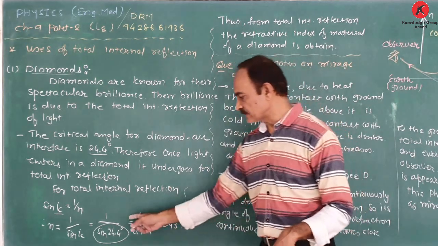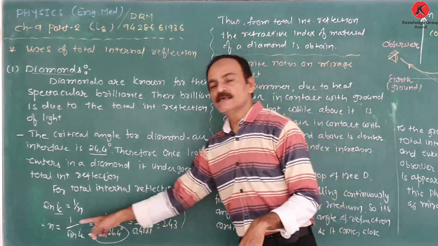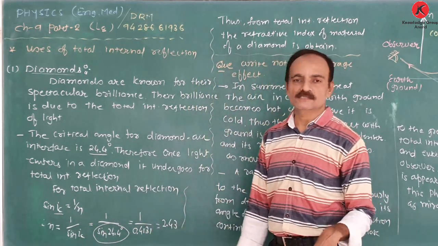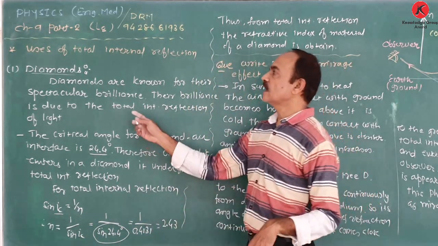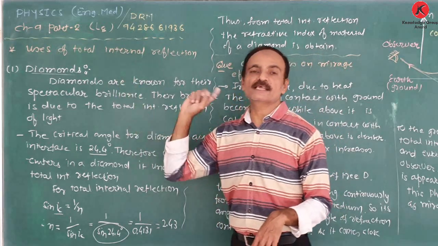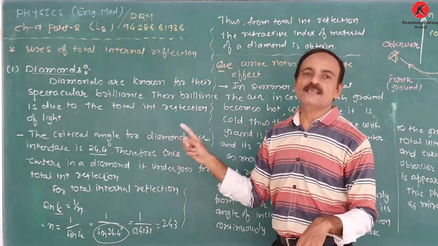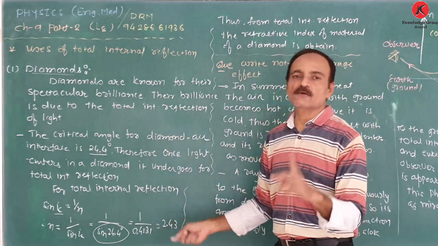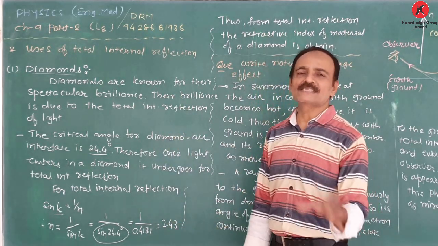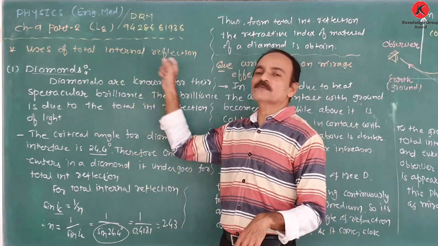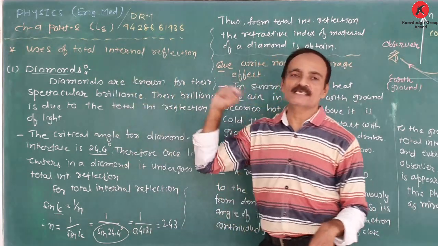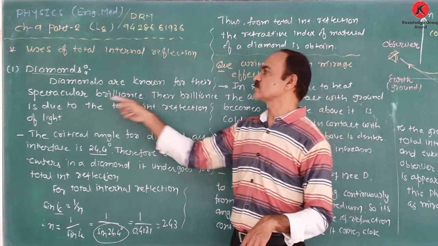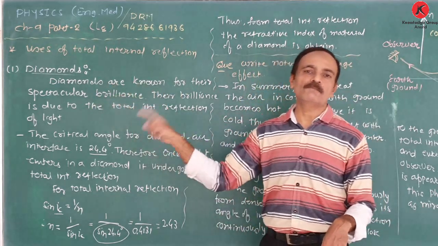Taking the reciprocal, we obtain the refractive index of the material of a diamond as 2.43. Thus, using the concept of total internal reflection, we can find the refractive index of the material of a diamond. In short, total internal reflection takes place in a diamond, and due to that, the diamond shows spectacular brilliance.